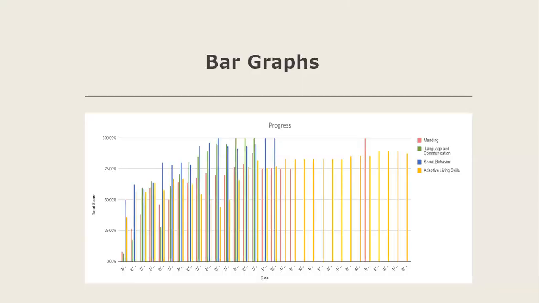So this will show you a bar graph, and right now we're comparing mands and language communication, social behavior, and adaptive living skills with each other to see how we see progression in certain areas. So you'll see how it is over time, and as the skill progresses, it goes to like 100%. So it's 25%, 50%, 75%, and 100% is within that repertoire.